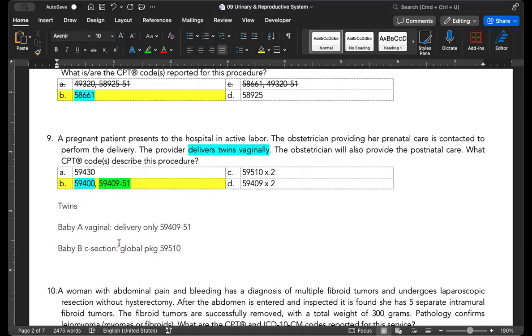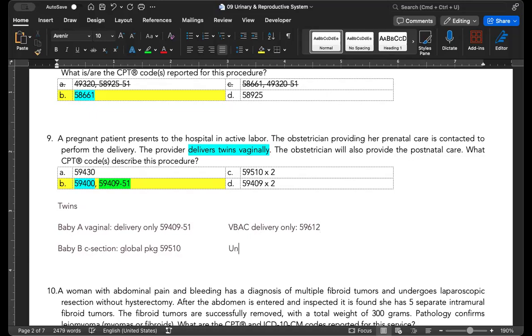So the same concept goes with this. If you have twins, you can do a VBAC with your first baby, baby A, but then for whatever reason, either it's physically impossible or the doctor doesn't want to chance it, they go in and do a C-section for baby B. You would do your VBAC delivery only, which would be 59612 for baby A, right?